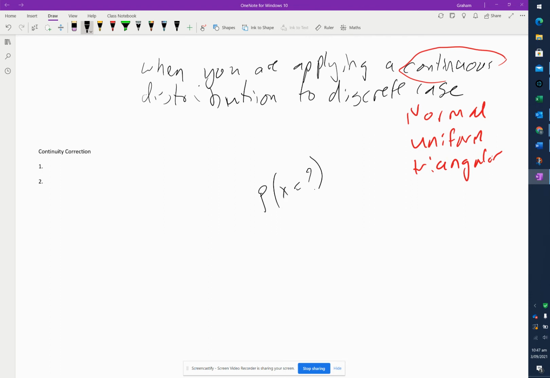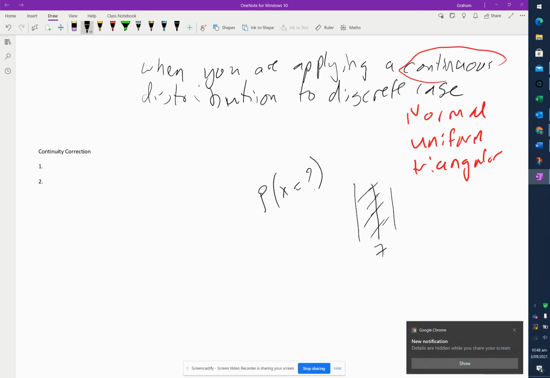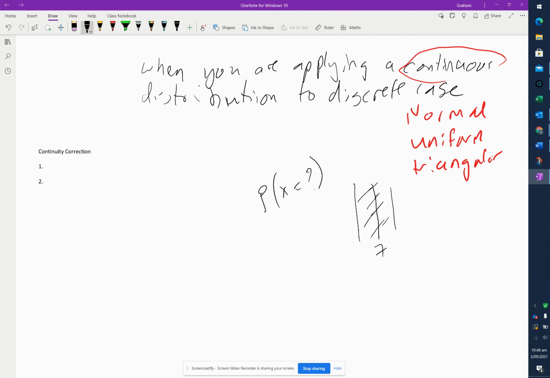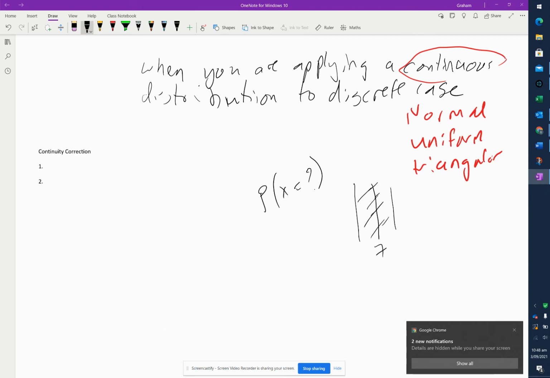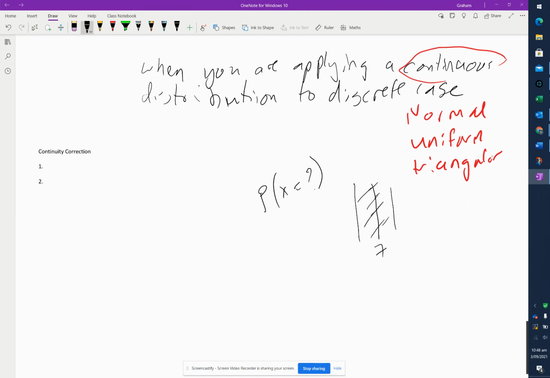Well, you've got to think about the fact that a normal distribution is a continuous distribution. So the number we said was 7, but we've got a continuation around that which would all get rounded to 7. So you've got to think, what is the smallest number that I could have that would round up to 7, and what is the largest number that I could have that would round down to 7?